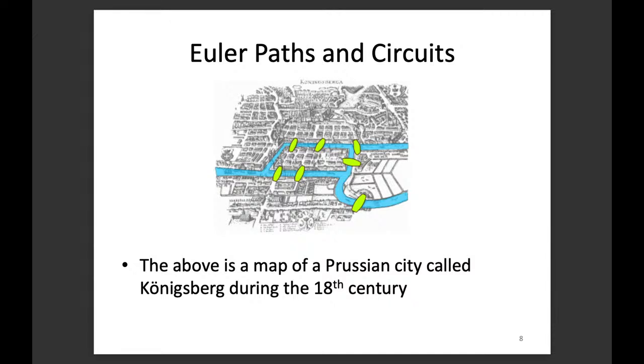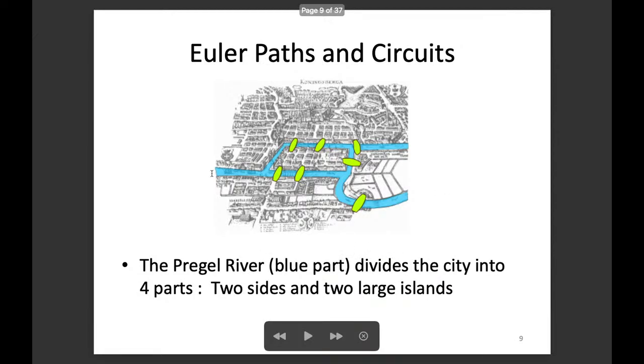We can now talk about what is meant by Euler path and Euler circuit. So this is a map of a Prussian city called Königsberg in the 18th century. In this city, there is a river called the Pregel River, which divides the land into a few regions.